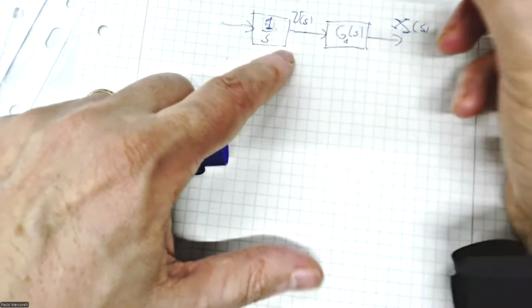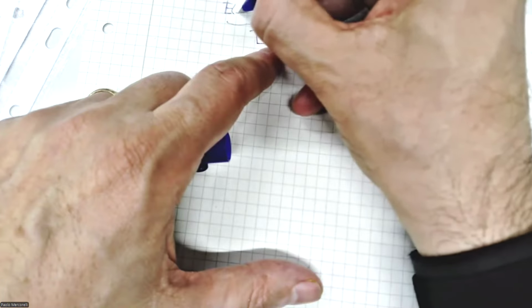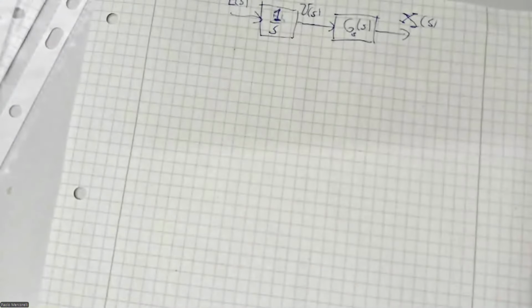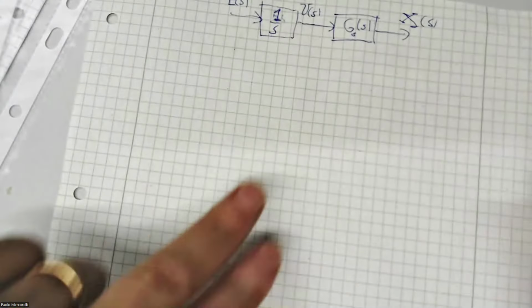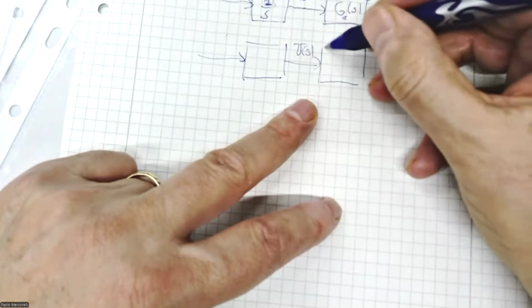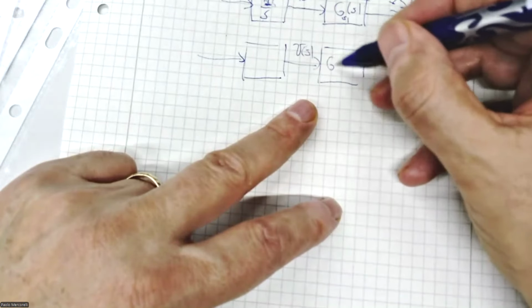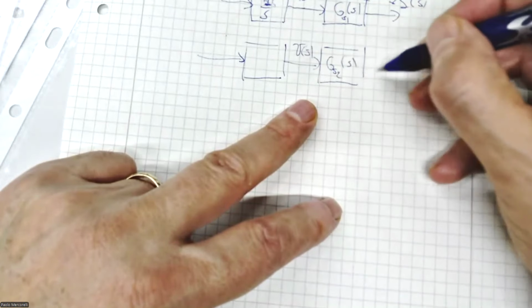This is the key point which we want to analyze, to compare with something which must be calculated, GS1, GS2.